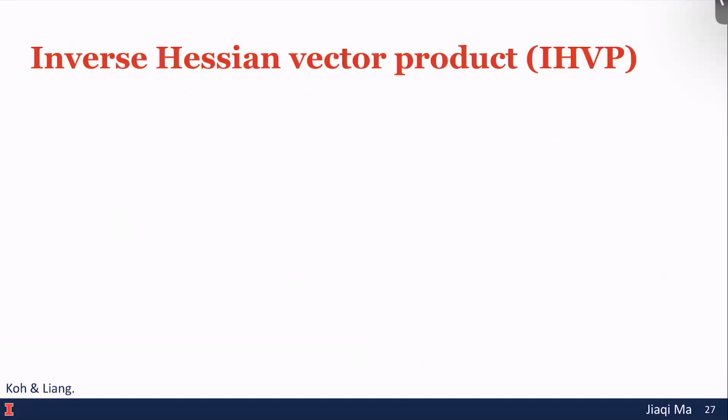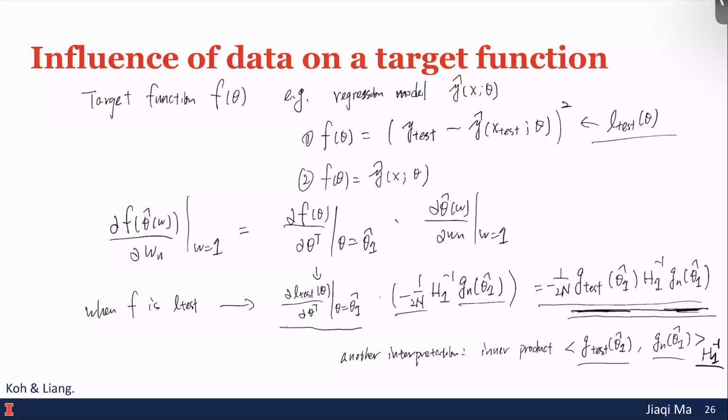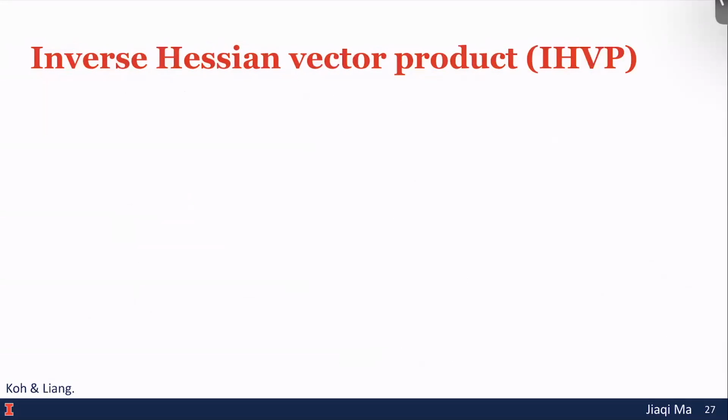However, in practice, this is still challenging to calculate, mainly because of this Hessian inverse times gradient term. We call it the inverse Hessian vector product. And there are a few problems associated with the calculation of this one.